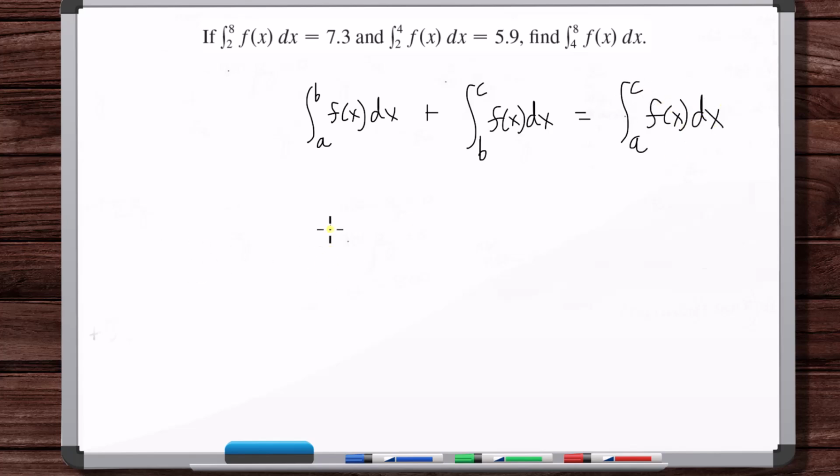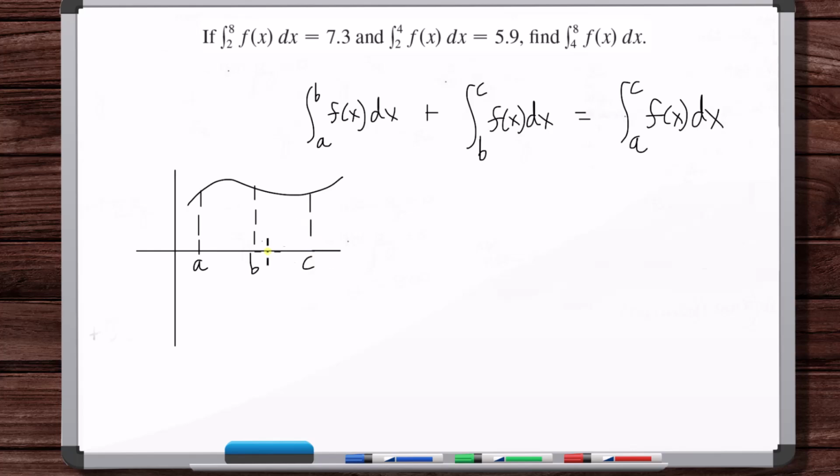And this makes sense when you think about this in the context of areas under a curve. If this is f of x, and here's a, here's b, and here's c, then what we're saying is this area plus this area is equal to the entire area from a to c. And now the only confusing part is, if you've got a function that's always positive like this, and a, b, and c are all positive, then that's okay.